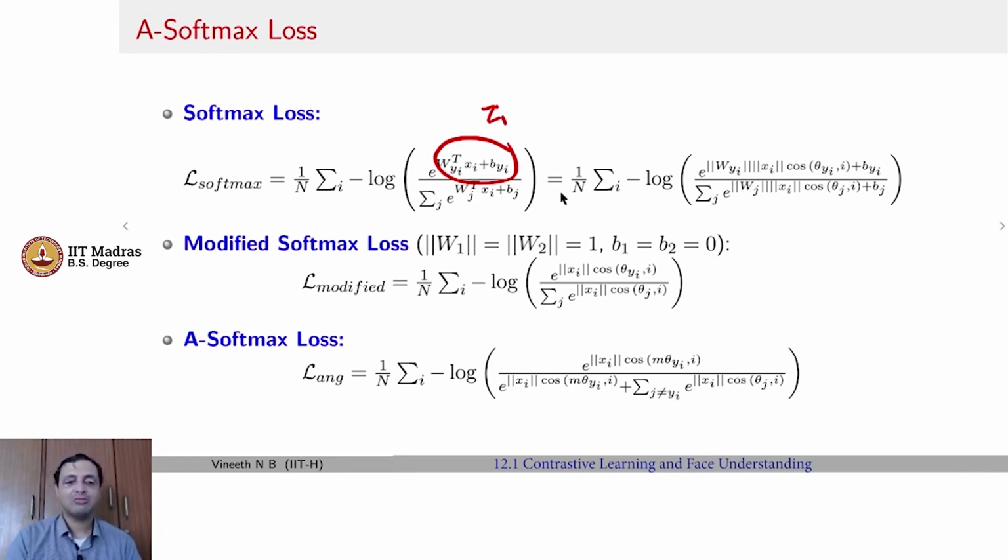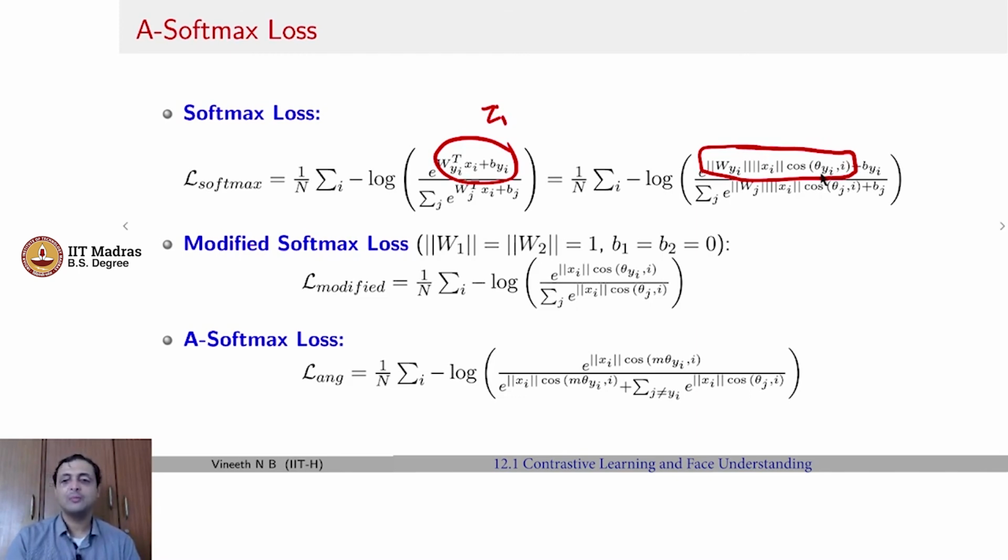So that's what you have as the definition of softmax. Now one could write out this dot product Wx that you have here as norm W into norm X into cos theta Yi. That's the definition of the dot product, plus the bias Byi.